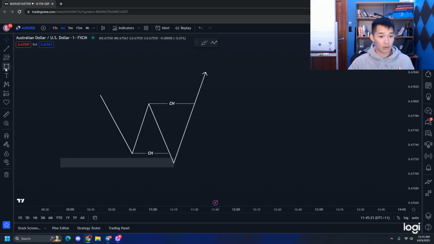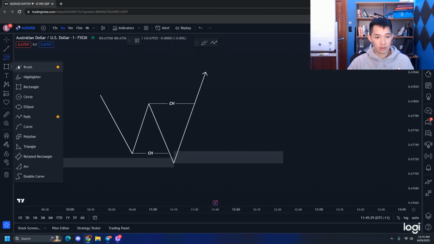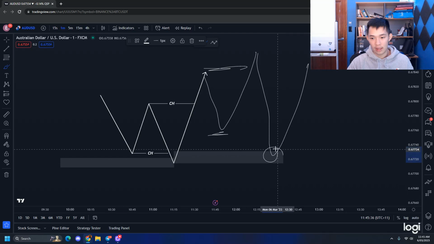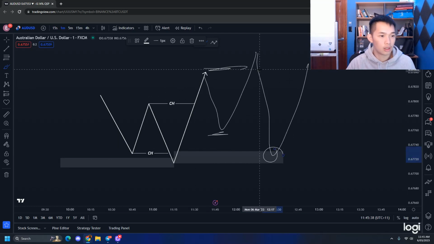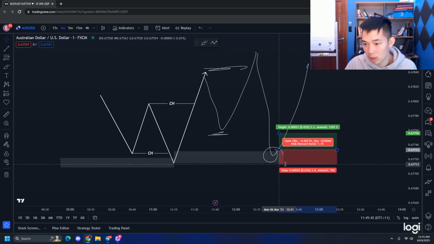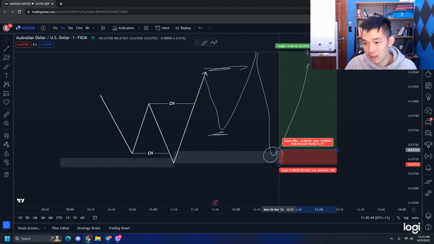This is on the 1 minute. Once we have this change of character, we mark out this demand zone, and then it goes down. Let's say it creates an F-boss, liquidity here. It comes down into the trade, and then we catch a entry. That's cool. Then let me just mark that out. It hit our confirmations.